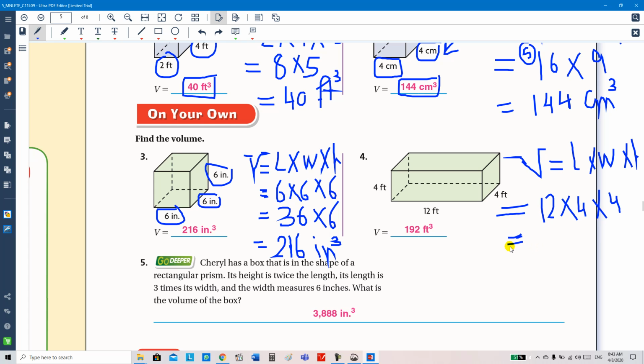If you write it 4 multiplied by 4 multiplied by 12 equal the same answer, because as we said before, multiplying has the commutative property, so we can change the order and we get the same answer. So it will be 12 multiplied by 4 equal 48 by 4 equal 192. So the answer is 192 cubic feet.